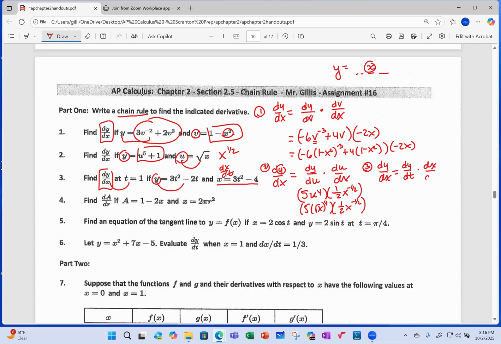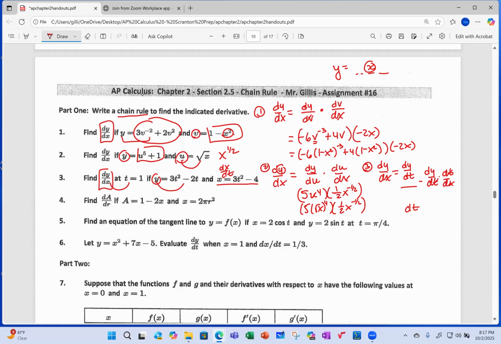So if I wrote this, that would not be a valid chain rule, because the dt's are not dividing out. But what I can do is not multiply it by dx/dt, but divide it by dx/dt. Because then when I would invert and multiply, or multiply it by the multiplicative inverse, I'd have dt/dx. Then these would divide out.